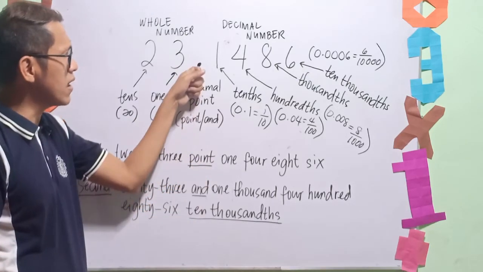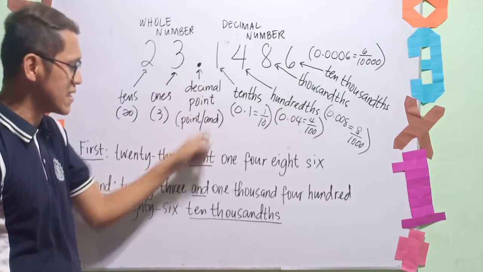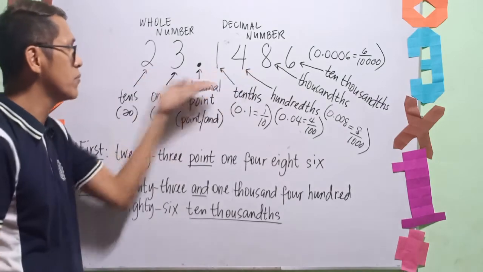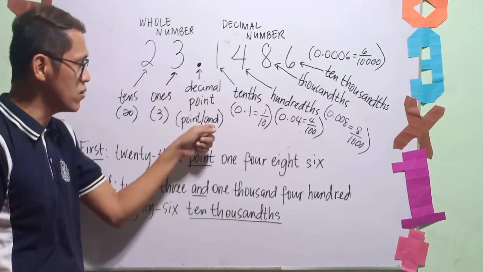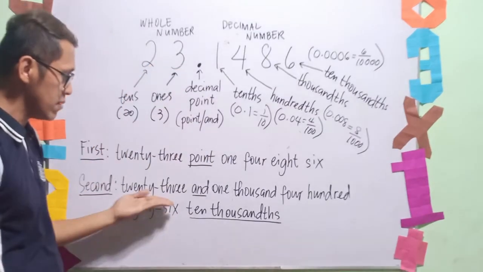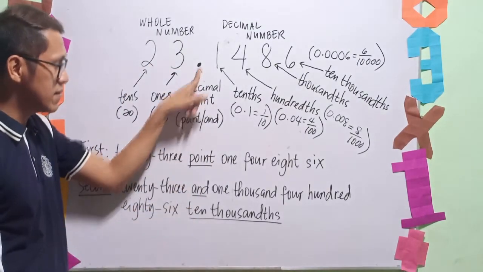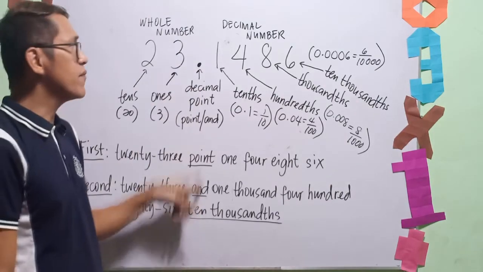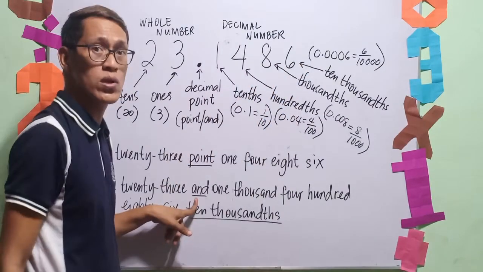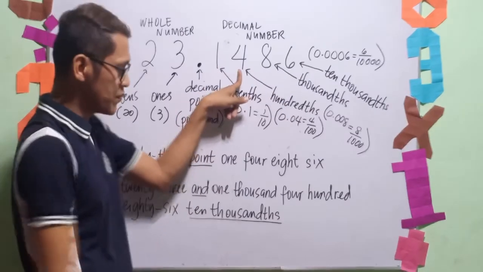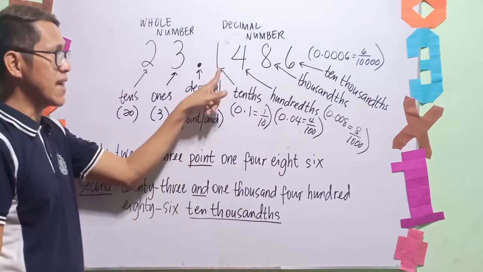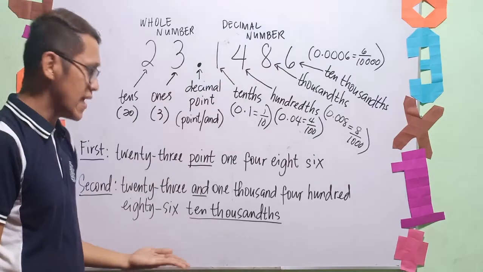But what about if I read the decimal point as "and"? It's another story. So how will you read these mixed decimal numbers if you use "and"? First, read the whole number. It's 23. Then "and." This time, if you use "and," read the decimal number as a whole number. It's 1,486.